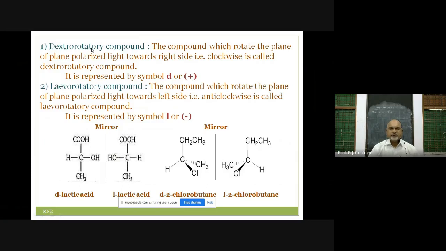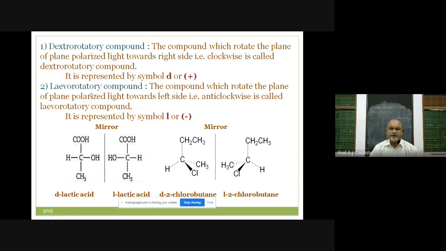So dextro-rotatory, clockwise, small d, or positive.